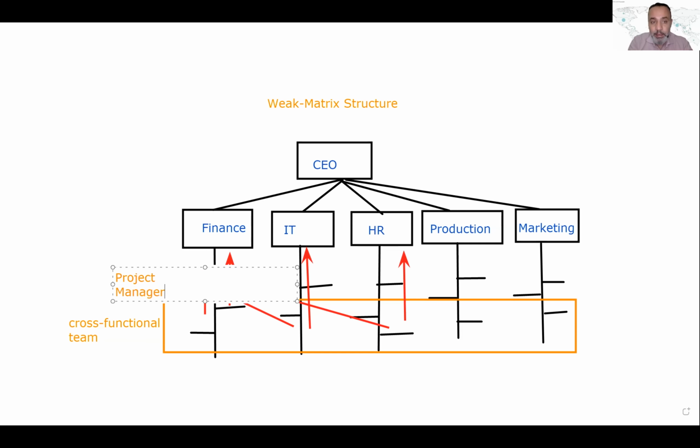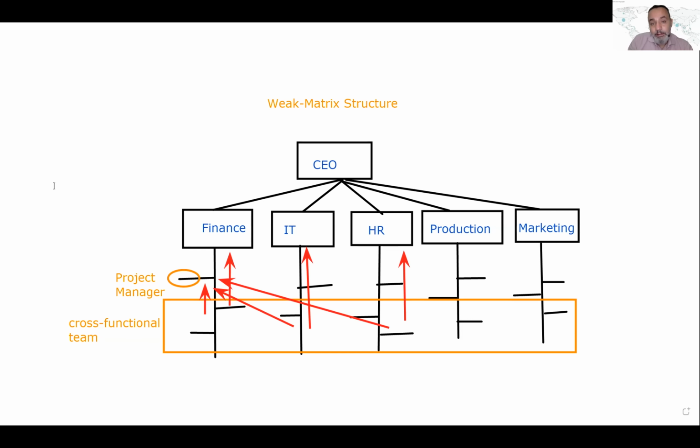We give them the title of project manager. And we also ask them to fully dedicate themselves to project management. So now they can quit their functional work and focus on doing only the project management tasks until the project finishes. When the project finishes, they go back to their normal position in the department.